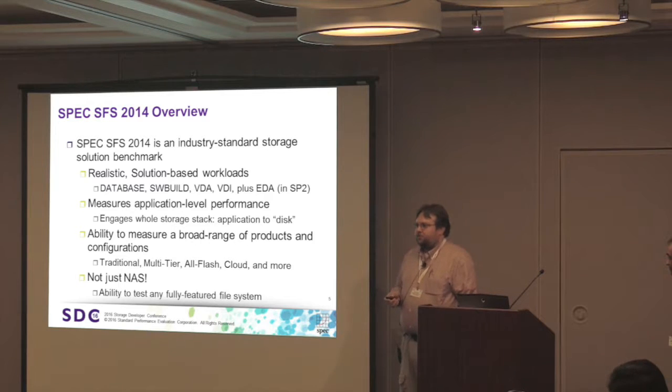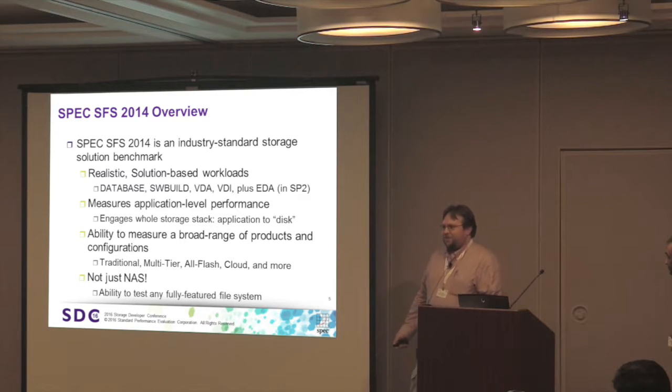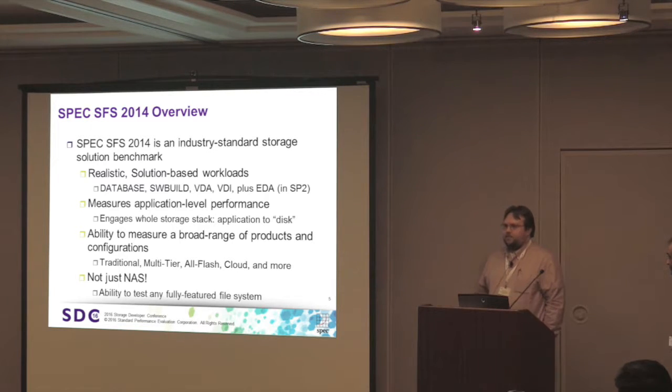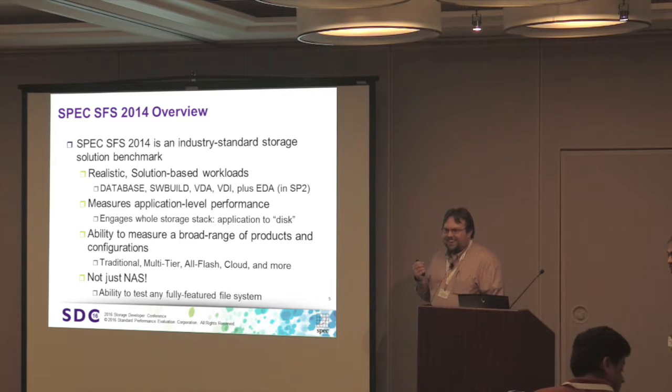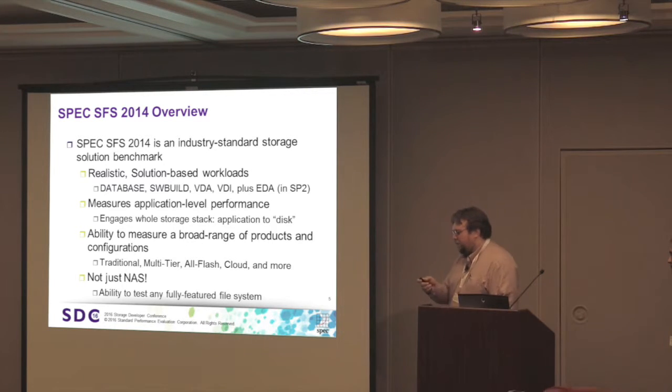And we have published results now, and my colleague from IBM has published results on GPFS. So this is not just a NAS benchmark anymore. You can test any fully featured file system. And I sit here wondering after this whole week, what about these ones that are almost POSIX? I bet some of the workloads will run fine on that, but I haven't tested that.